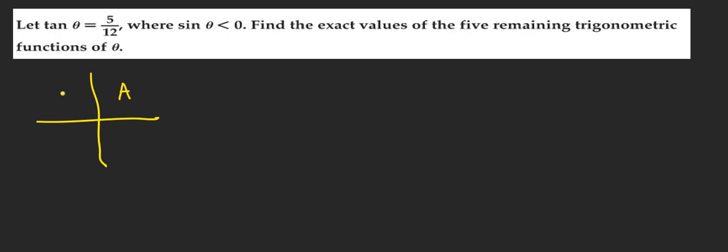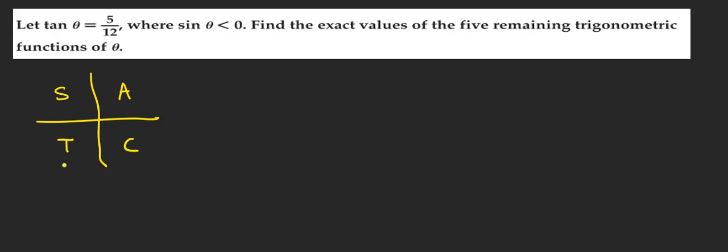all students take calculus. In the first quadrant, all 6 trig functions are positive, so this cannot happen because sine has to be negative. In the second quadrant, only the sine and cosecant are positive. So this is not true either because we want the sine to be negative.